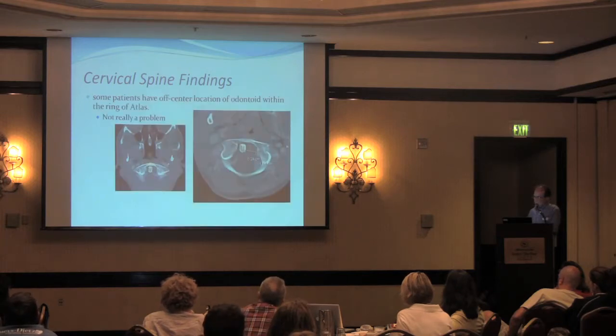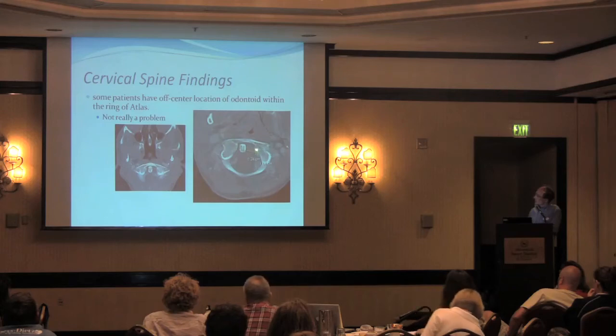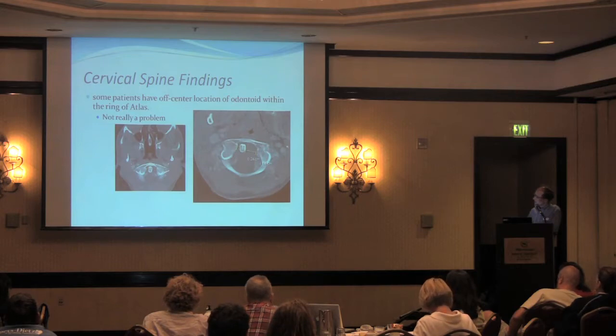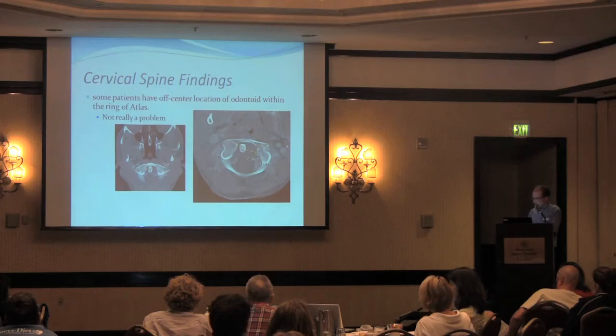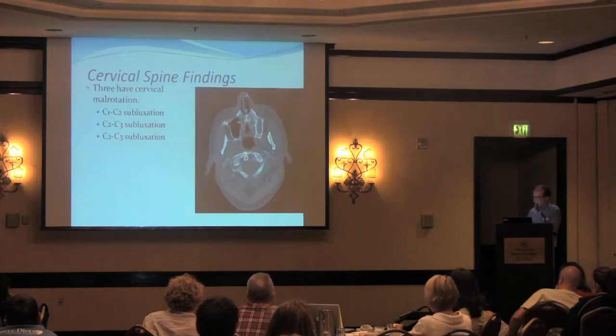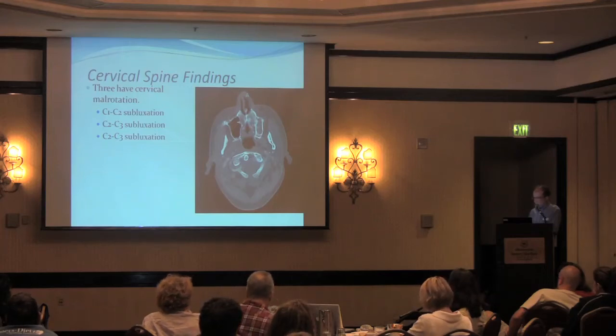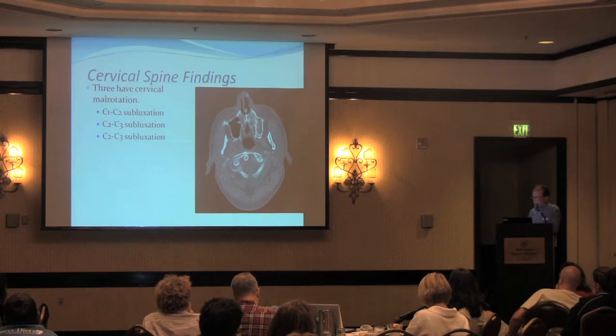You can also have a side-to-side mismatch of the atlas on the axis, and that doesn't seem to cause too many clinical problems. It just is a result of the ligamentous laxity and probably a developmental variant, again, due to this syndrome. And I think the role of this receptor in closure of midline structures of cervicocranial junction is quite related to the hypertelorism and other things that you see.